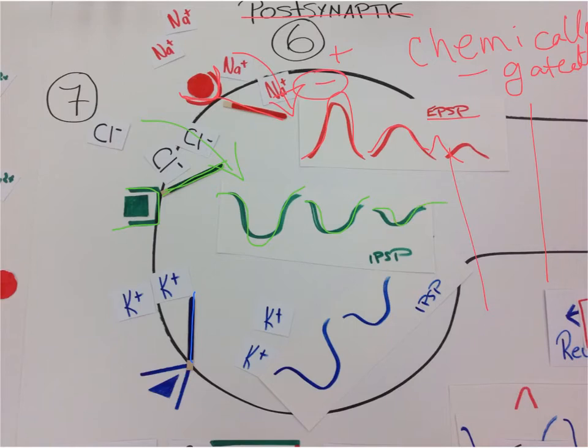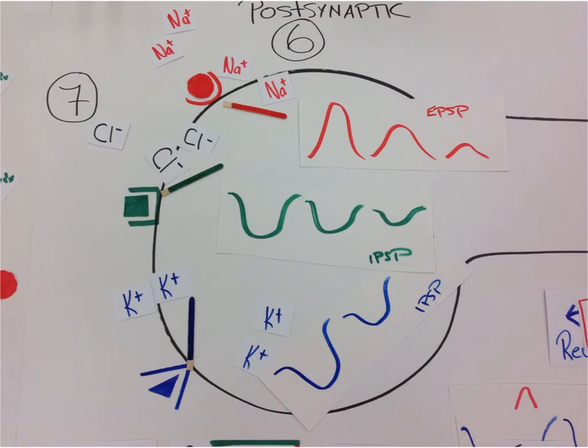The other possibility here is that the receptor is linked to a chemically gated potassium channel, in which case potassium is going to leave the cell, taking its positive charge with it, causing again a hyperpolarization or an IPSP, and it too will travel towards the cell body, decreasing in amplitude, known as decremental conduction.